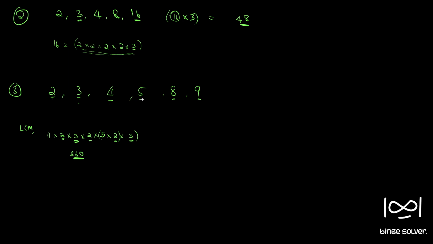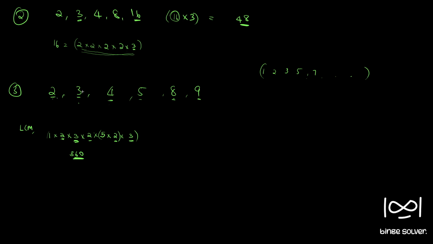You can simply look at the numbers and find out LCM in a more efficient way. So if you see, we know that there are some prime numbers. The prime numbers are 2, 3, 5, 7, etc. Right? So if there is any prime number here, that has to be in LCM.